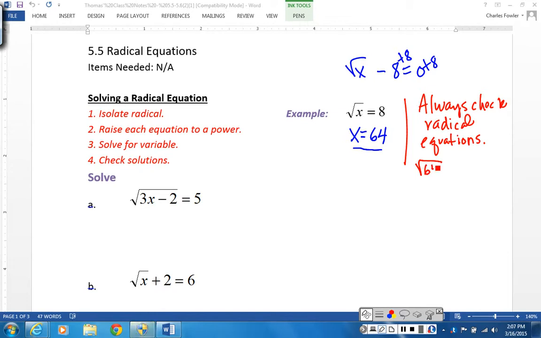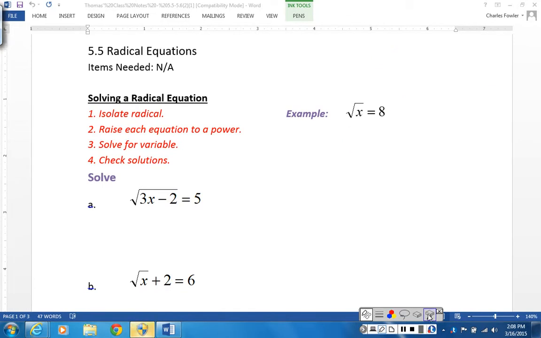So for example, square root of 64, does that equal 8? All I did was plug the answer back into x to see if the left hand side does equal the right hand side. So 8 equals 8. The left hand side does equal the right hand side. Therefore, x equals 64 is correct.